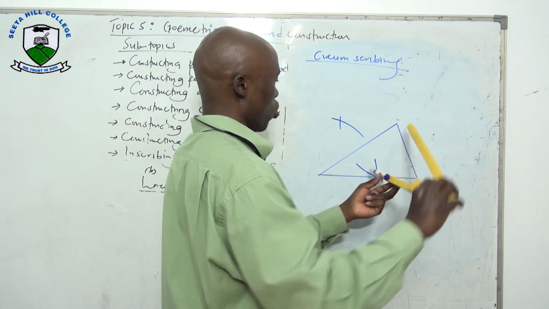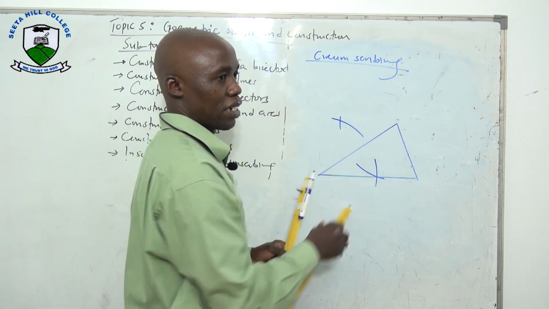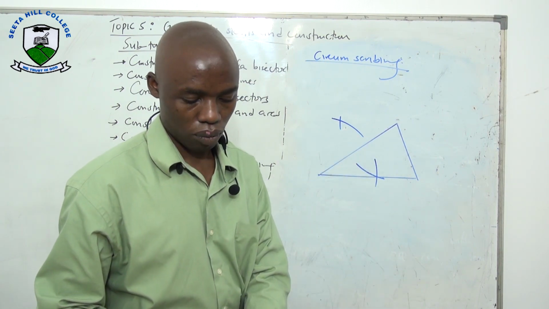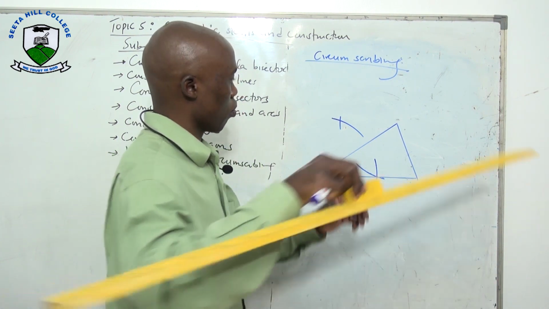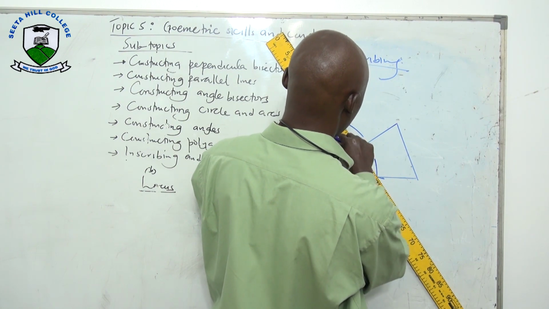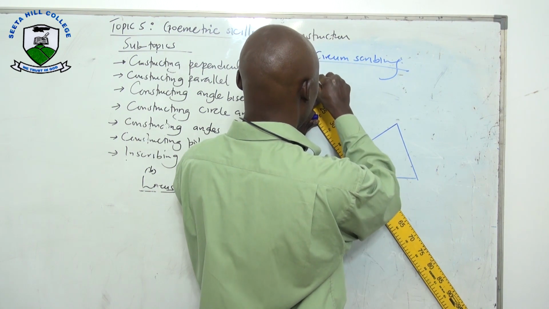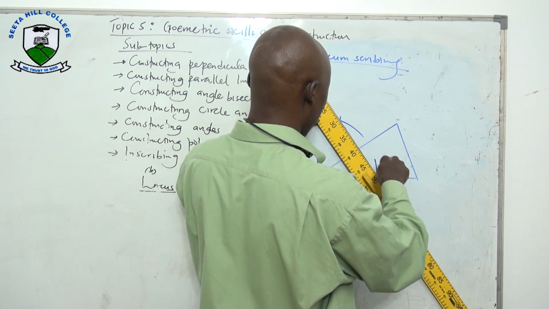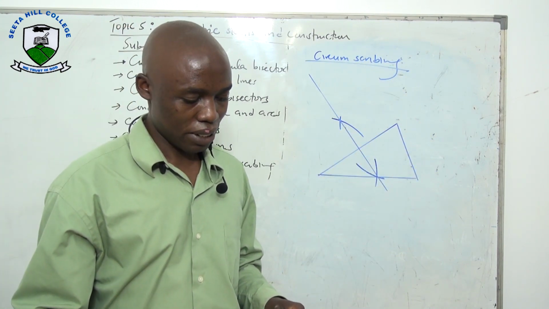It means you construct a perpendicular bisector on every line. Now this one will be a perpendicular bisector.